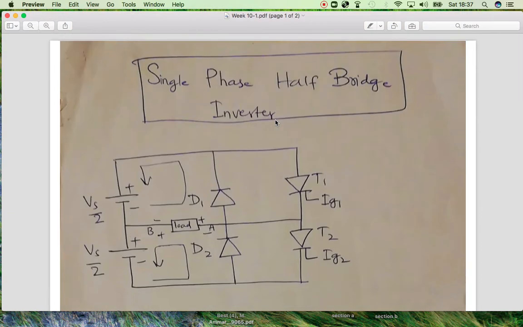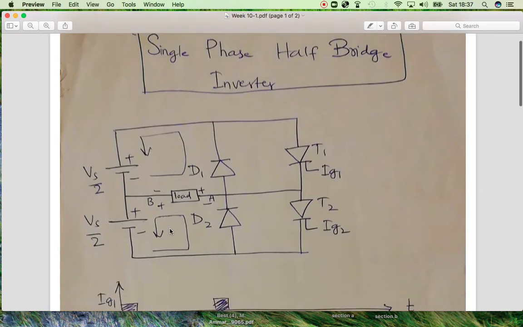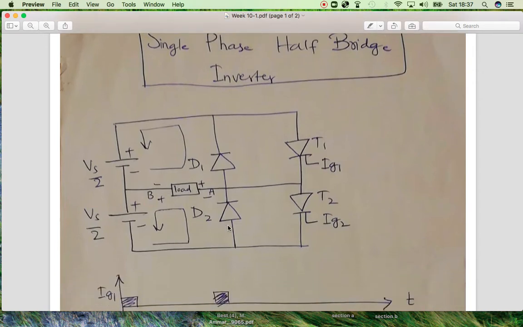So this is the circuit of a half bridge inverter which is single phase, and we have two diodes which are connected here for the purpose of damping current, and these two thyristors. These are the gate terminals from which these thyristors can be turned on.